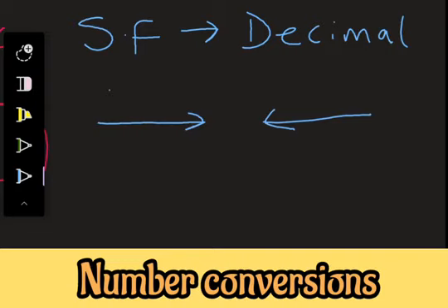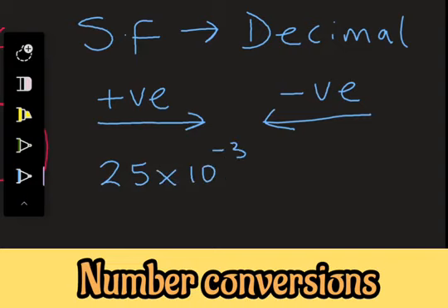To the right becomes positive and to the left becomes negative. Now if you are given a number such as 25 times 10 raised to power minus 3, this is a standard form of a number. You are converting this standard form to decimal.